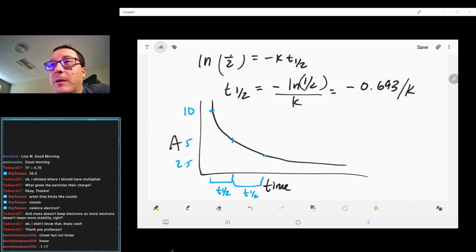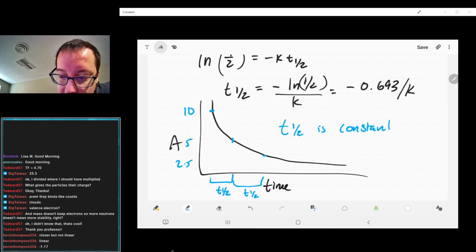Your half-life is a constant as a result of this. It's just the time to deplete your concentration by half. And if you were to then go to 1.25, that's another half-life.